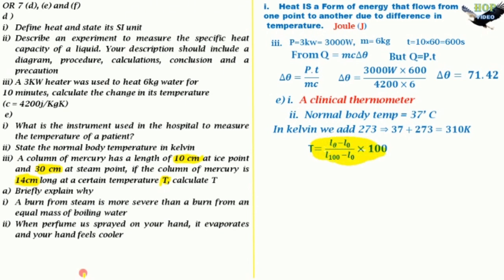Using this equation and substituting the values of the lower and upper fixed point, we are going to have T equal to 20 degrees Celsius.